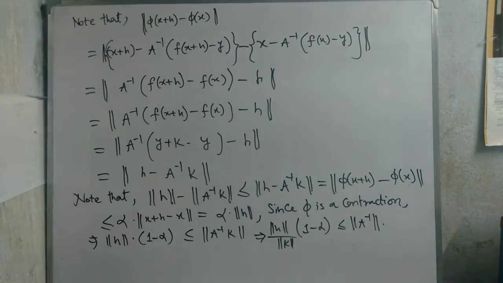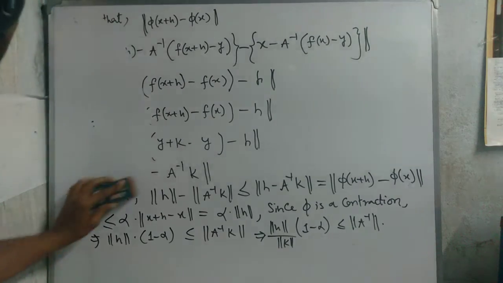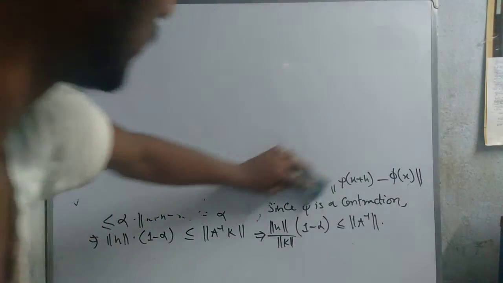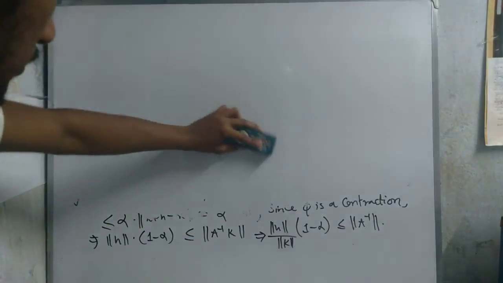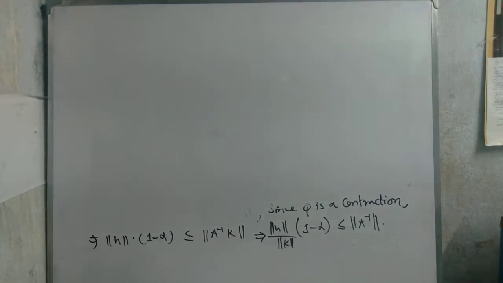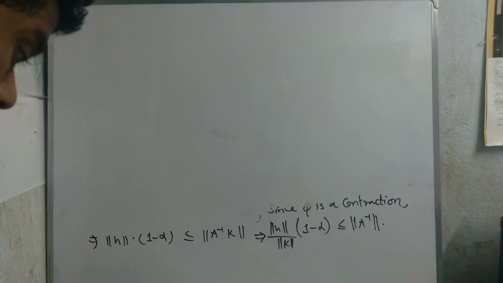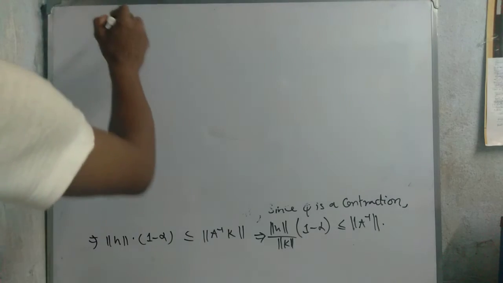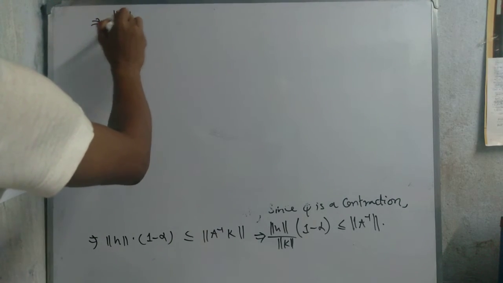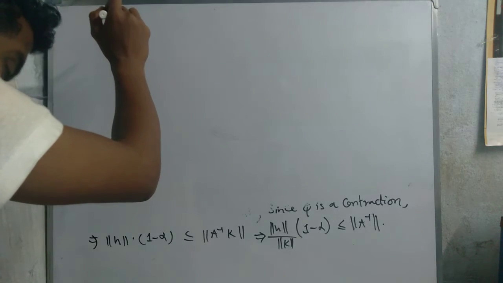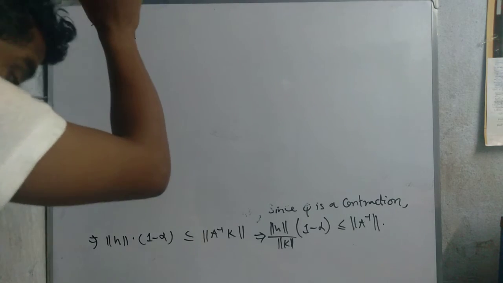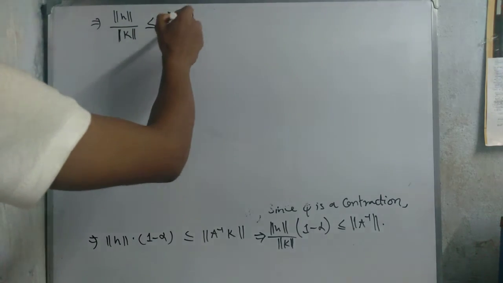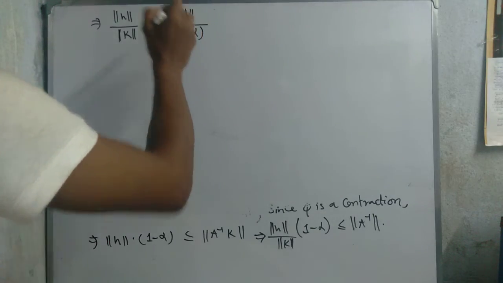I think all of you understand this portion. This implies that the norm of h by the norm of k is less than or equal to the norm of A⁻¹ divided by (1 − α).